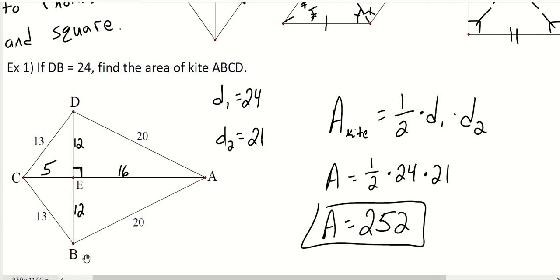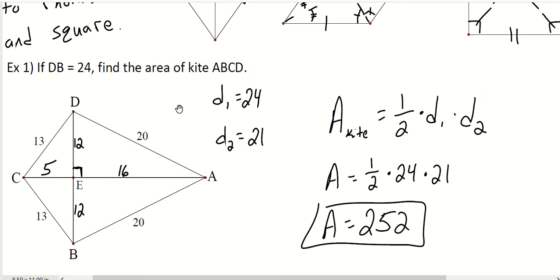So that is where the two non-congruent sides meet at B. Compare that to C. C is where the two congruent sides of 13 and 13 meet. And A, its opposite vertex, is where the two congruent sides 20 and 20 meet. So the way you know which diagonal is bisected is the diagonal that connects the two vertices where the non-congruent sides meet. So anyway, DB, 12 and 12.